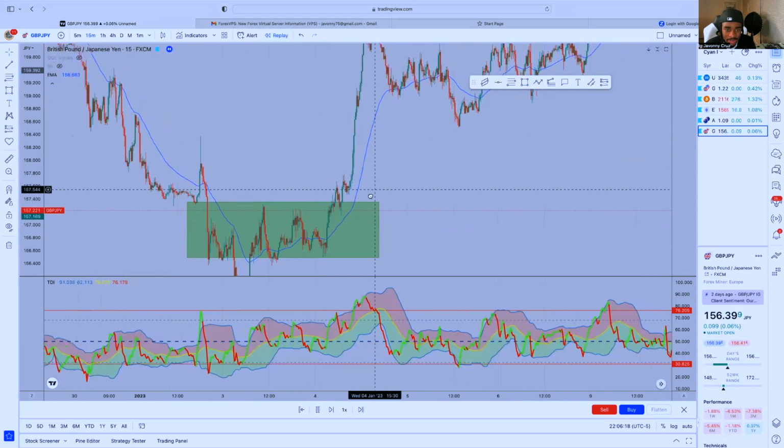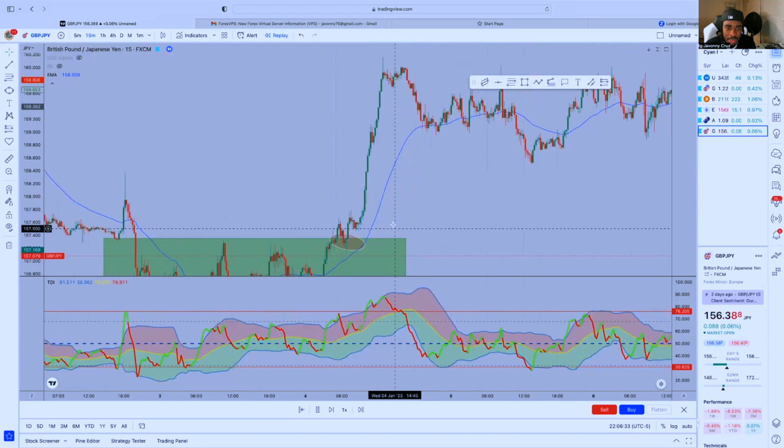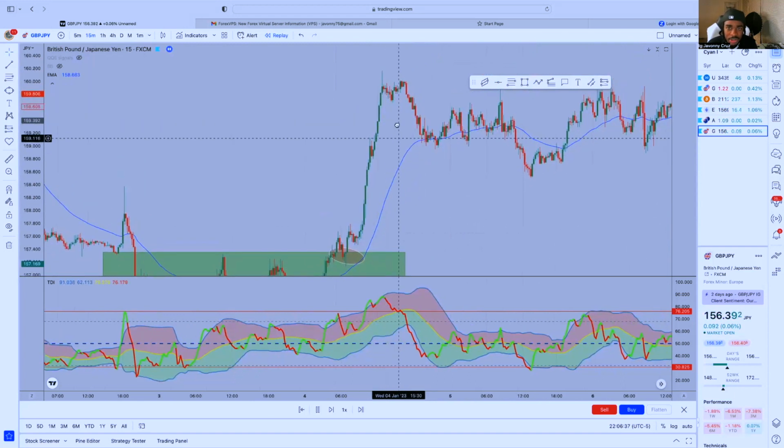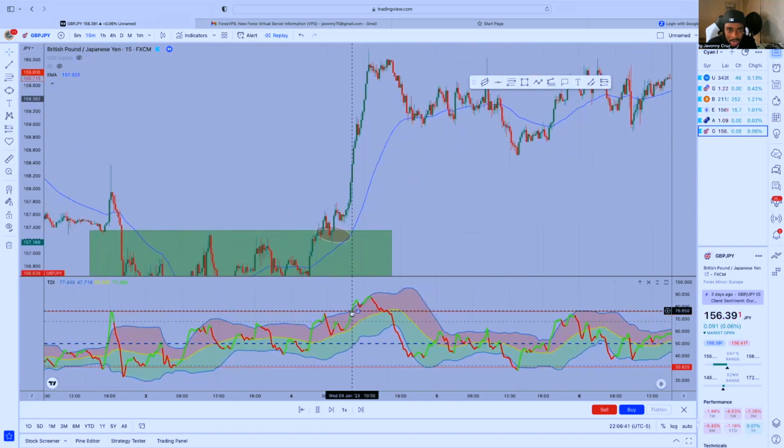Okay guys, as you can see, price retests right here. I would turn on this buy right here, and then boom, it's just going to eat this thing up for as long as this trend is trending. Also you can see that price is above this line, above the 75, so it would enter somewhere over here.